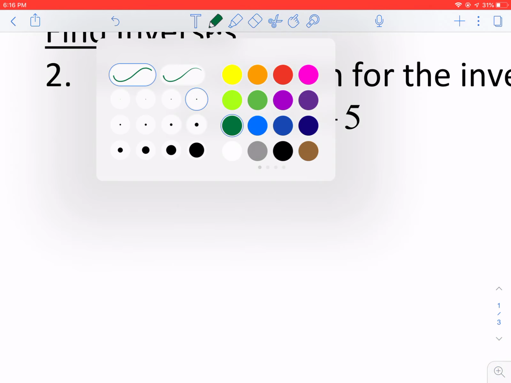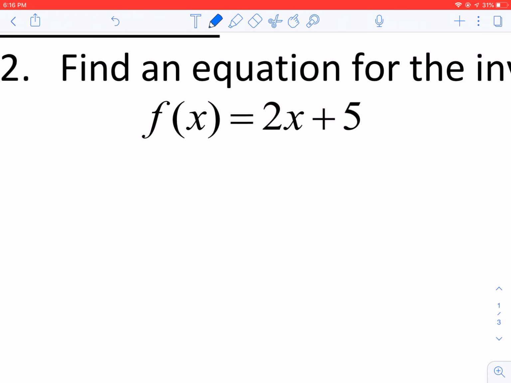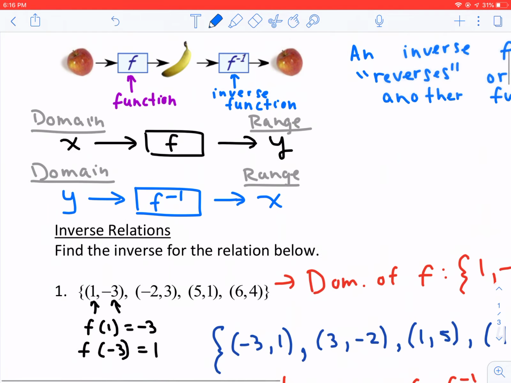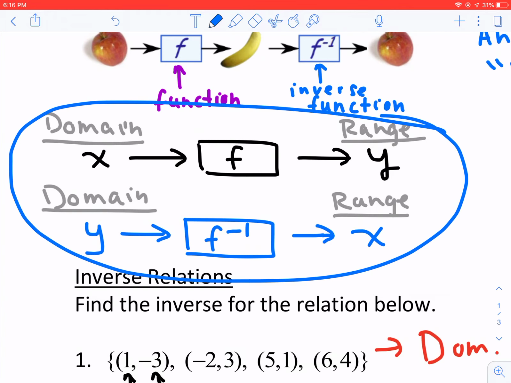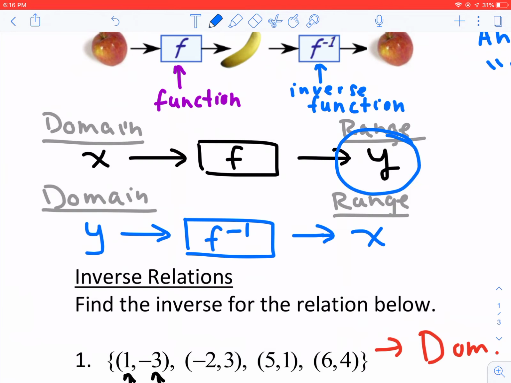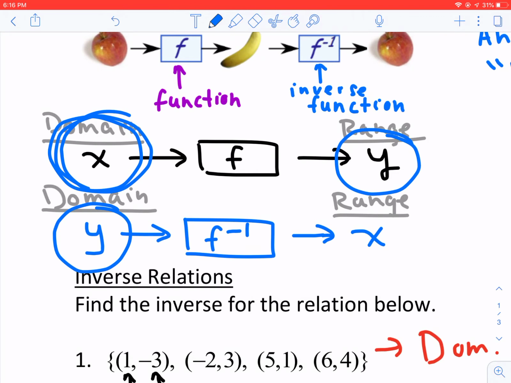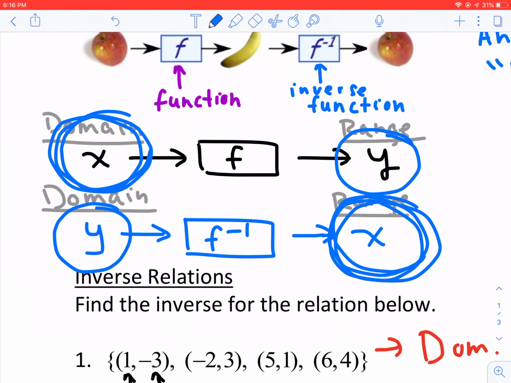The way to get the inverse function is we're literally going to swap the inputs and outputs, because that is actually what is happening here. The outputs become the inputs, and the original inputs become the outputs of the inverse function.